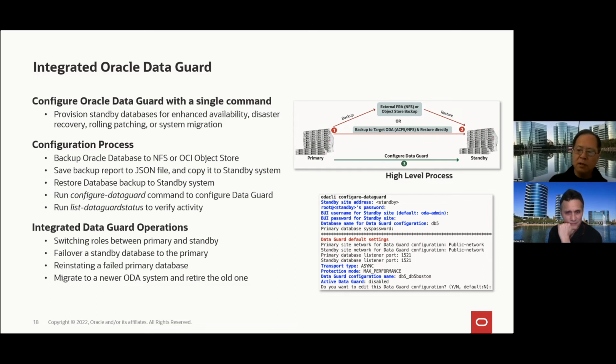You can patch your standby database to the latest, and then you can switch over and then do the primary. So again, with our customers that really care about mission critical databases, we always say, set up a Data Guard, right? So this is also very important. And Oracle Database Appliance makes Data Guard very easy to set up with two ODAs. Okay.